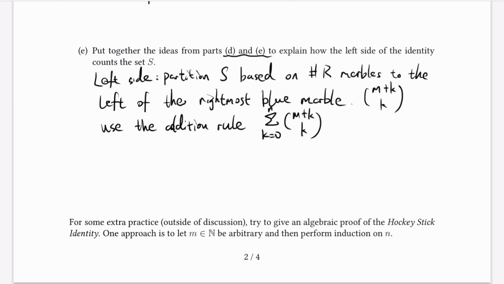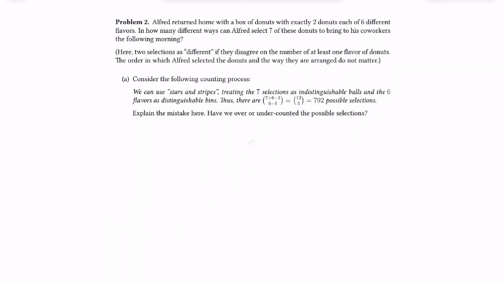Using this addition rule, we can obtain the number of elements in S. So this is how the left side of this identity counts the number of elements in S.